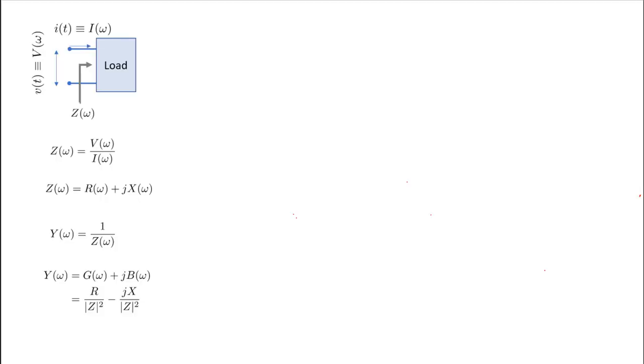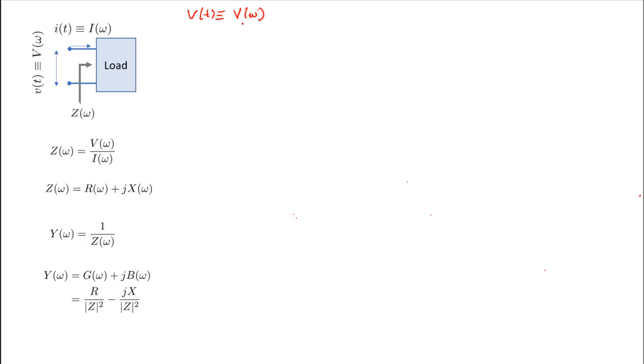So we know that signals can be represented both in the time domain or equivalently in the frequency domain through what is called the phasor representation. That is, if you have a signal v of t, then it can be equivalently represented as a complex phasor, v of omega.